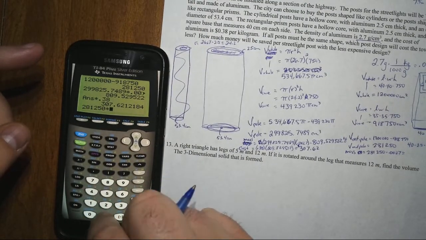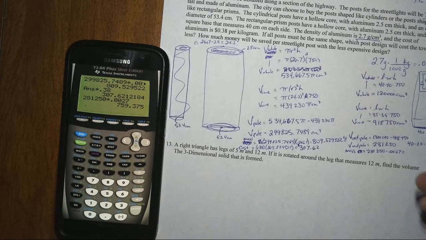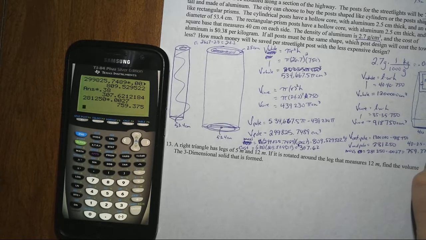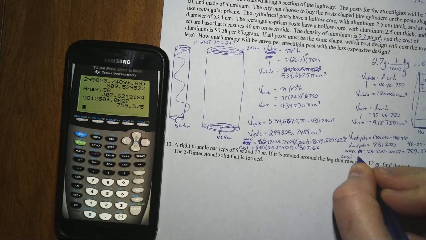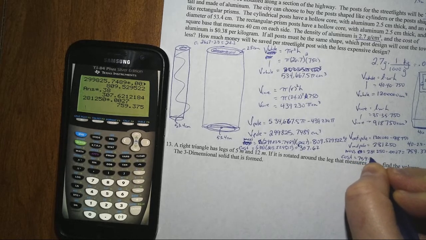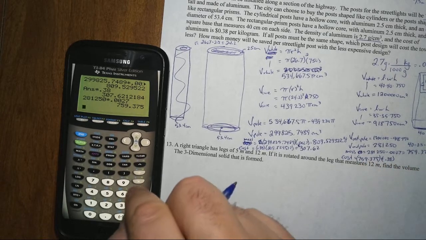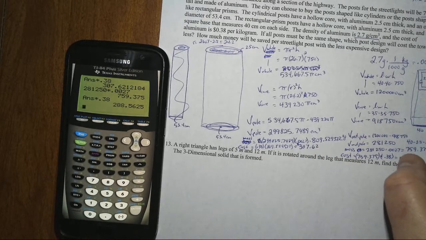Boom. Hit it. 759.375 kilograms. So our cost is equal to that 759.375 times 0.38 for our cost here. And we get $288.56 for our total cost.